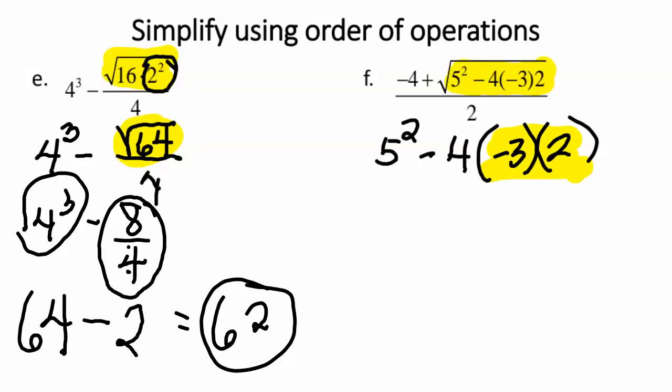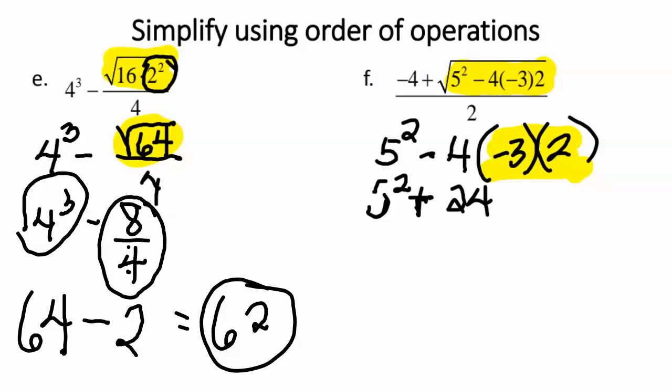Okay, negative 6 times negative 4 gives me 5 squared minus a positive, because negative times negative is going to give me 24. 5 squared, because remember, I have all of this stuff underneath.